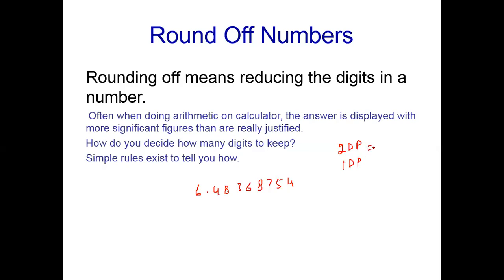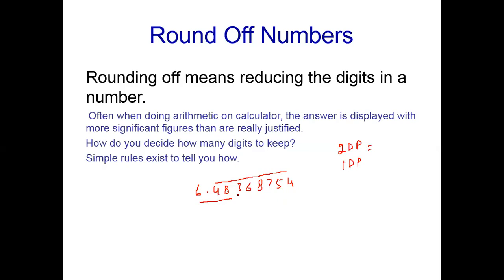After the decimal we need just one number or two numbers. You can see here, after the decimal, there are, I think, 8 numbers. So reducing the number of digits to only one or two numbers after the decimal, that rule is called what?